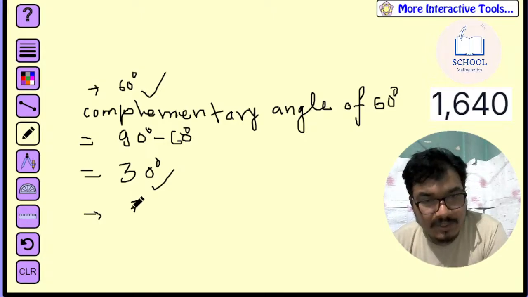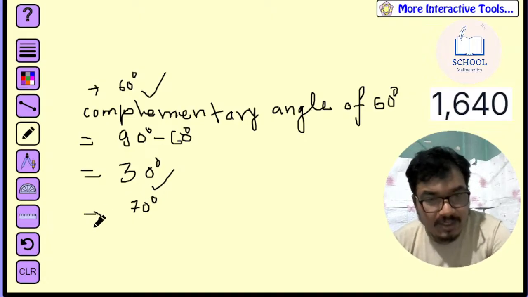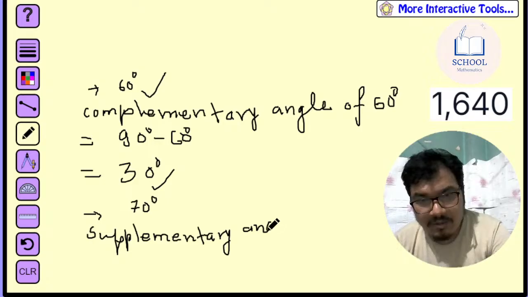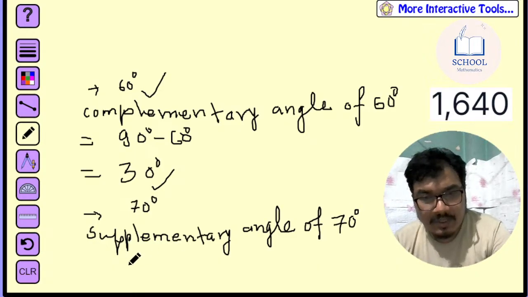Similarly, suppose 70 degrees is given, and it is asked to find the supplement. Then write: supplementary angle of 70 degrees equals.